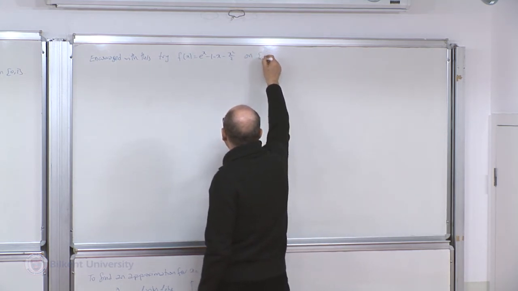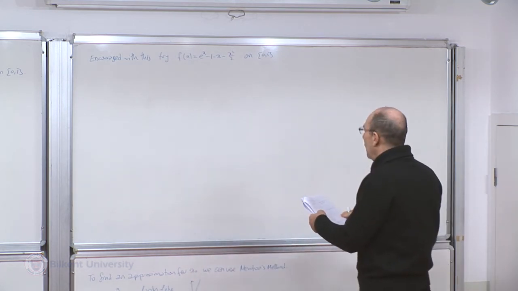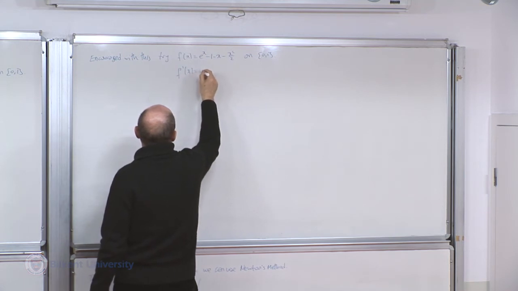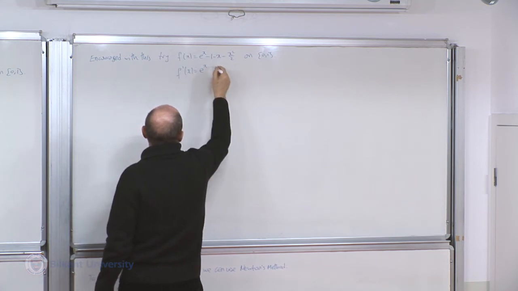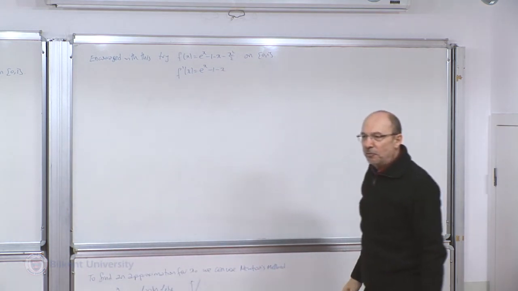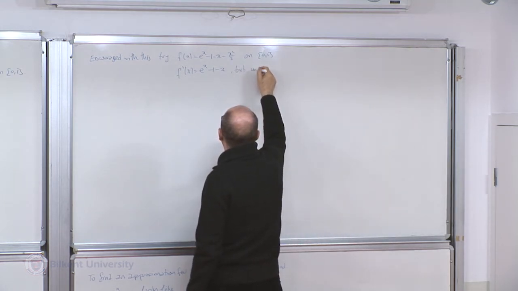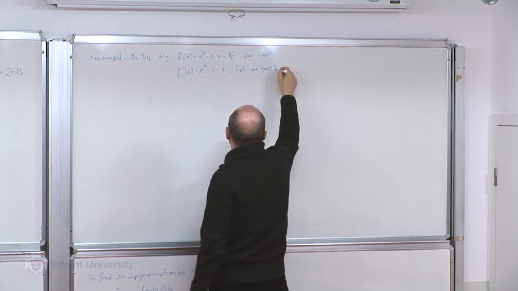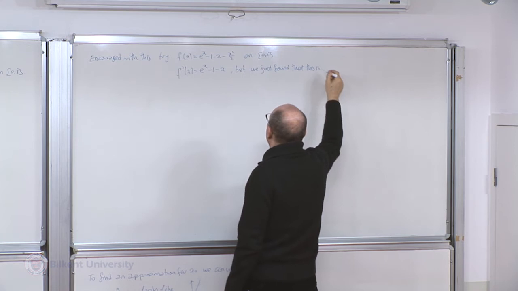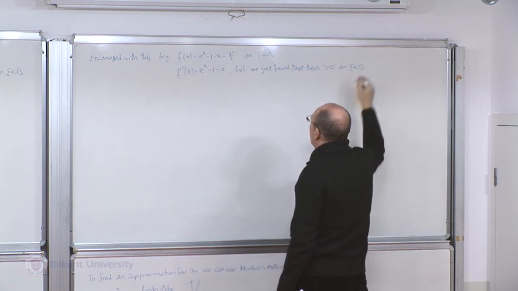On 0, 1, the same things hold. So you see that f prime of x is equal to e to the x minus 1 minus x. That's the advantage, but we just found that this is positive on 0, 1.